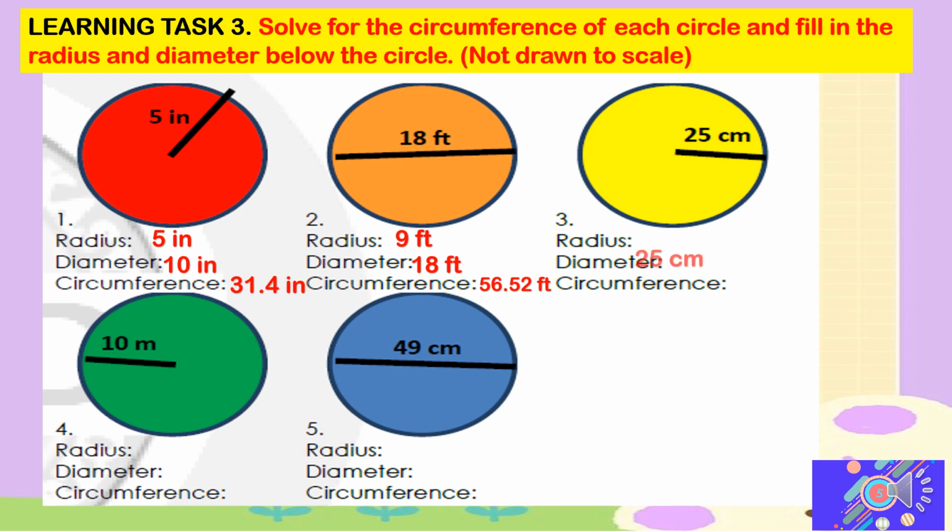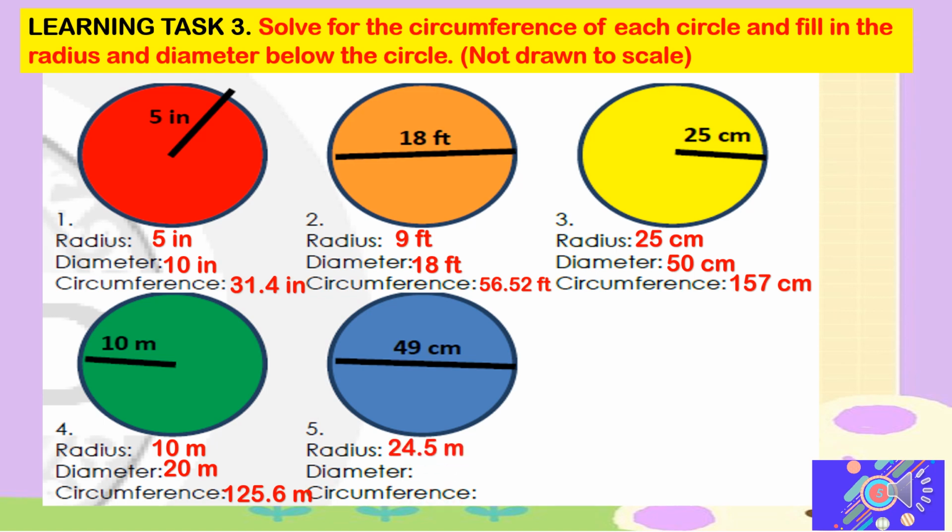Now, the given is radius, so the radius is 25 centimeters, so the diameter will be 50 centimeters, and the circumference is 157 centimeters. Okay, and then for number 4, we have the radius of 10 meters. That is the given. The diameter is 20 meters, and the circumference is 62.8 meters.